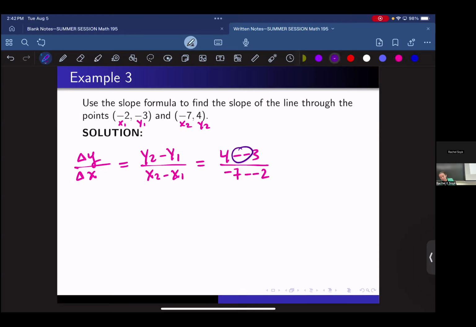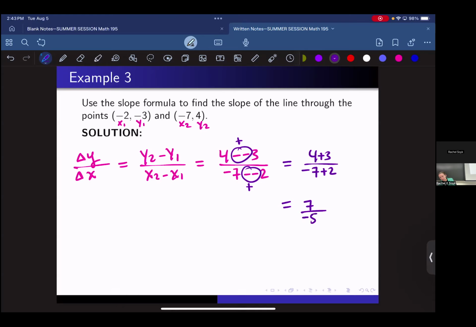Two negatives next to each other equals positive. So we have 4 plus 3 over -7 plus 2, which gives us +7 all over -5. And this is the same as just -7 over 5. Either way, you would get full credit. I just personally like the negative in the numerator. And you're done.